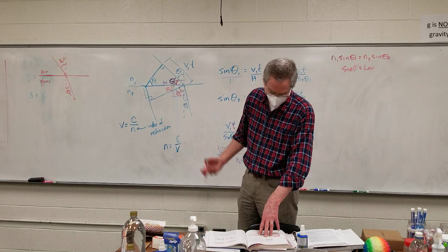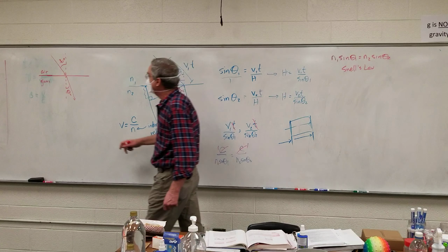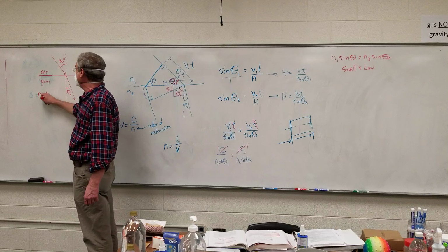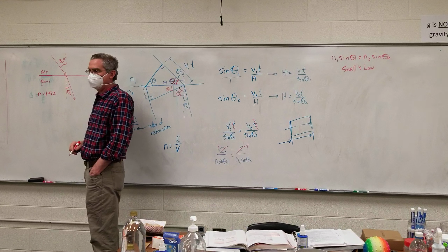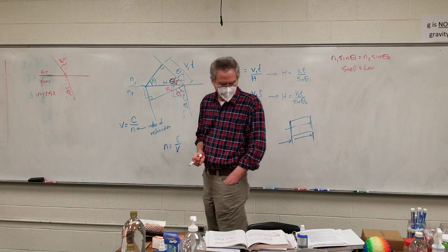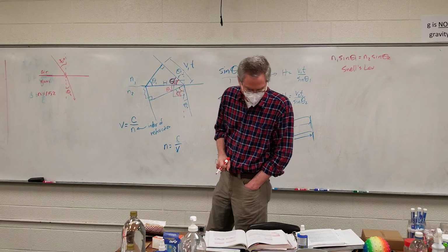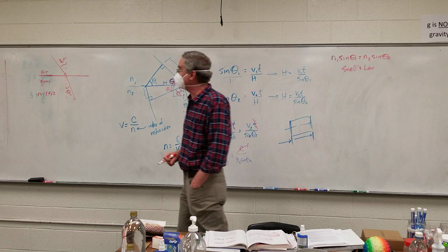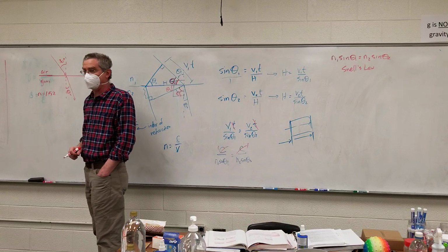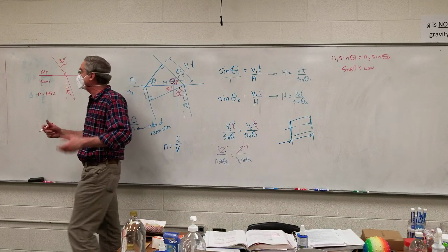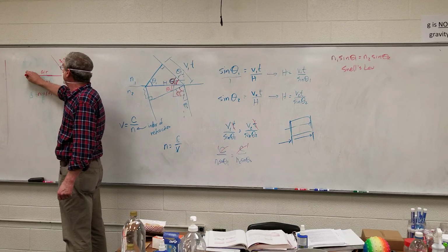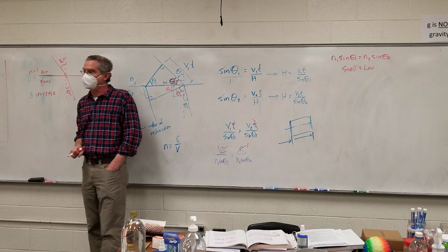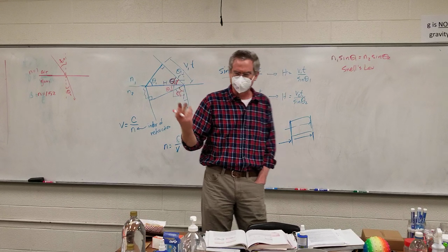So we'll just go with ground glass, why not? 1.52. And air, is it on the list? I don't think so. Water is, but air is not. The index of refraction of air is really close to the index of refraction of a vacuum. So whenever you see air here, unless it's specified, it's close enough to 1. It's 1.000, and then there's a number.